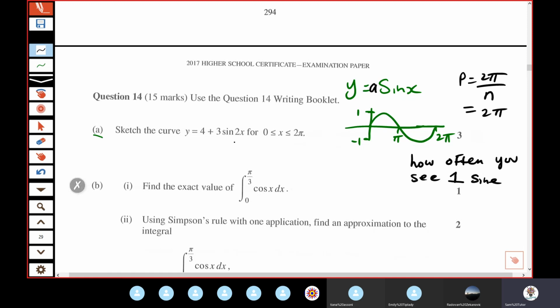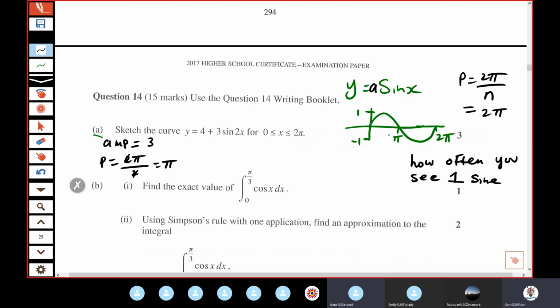So this question, first thing we need to work out is what's my amplitude? 3. Nice and simple. You know now to go up 3 and go down 3.